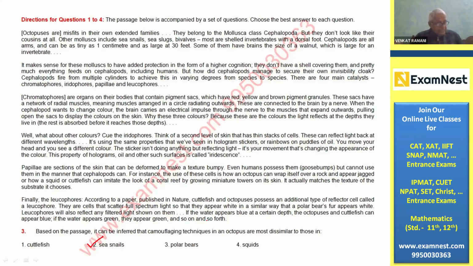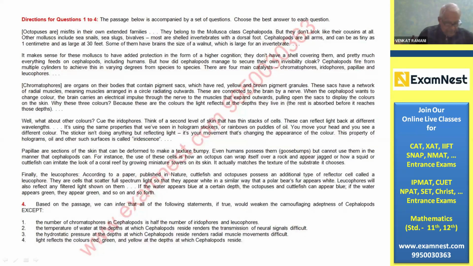Now let's look at the next question. He says, based on the passage, we can infer that all of the following statements, if true, would weaken the camouflaging adeptness of cephalopods, except one statement. The number of chromatophores in cephalopods is half the number of iridophores and leucophores. That is the answer. This is an exception.